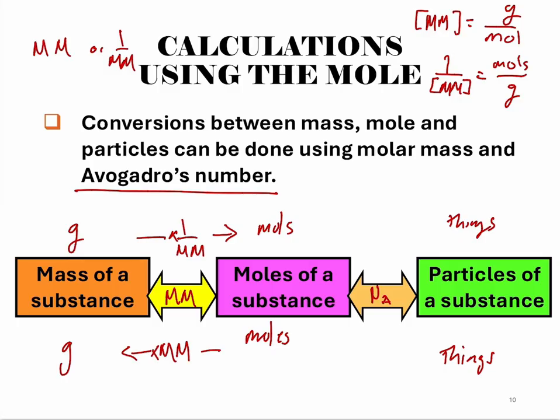And what about Avogadro's number? What were the units for Avogadro's number? Things per mole, right?